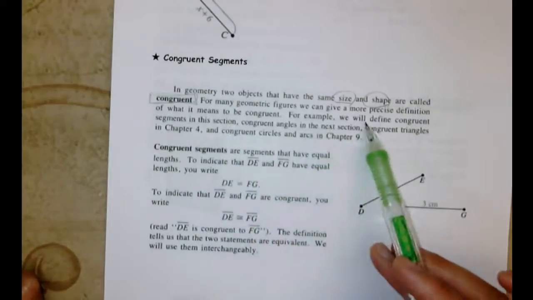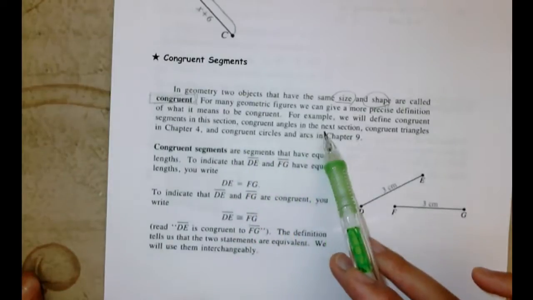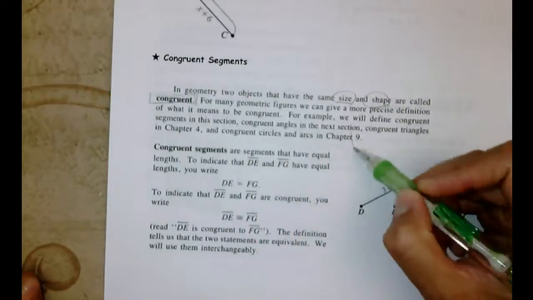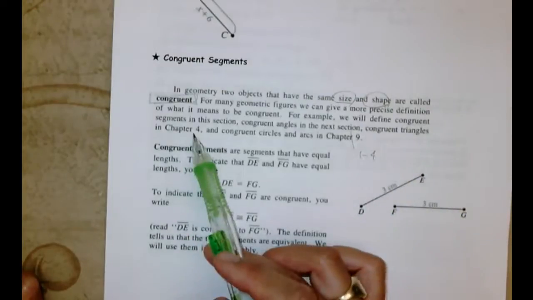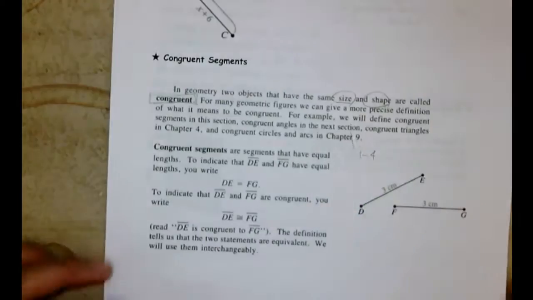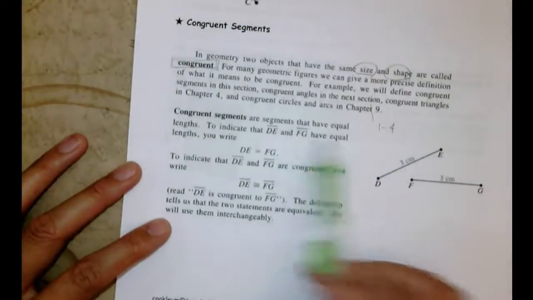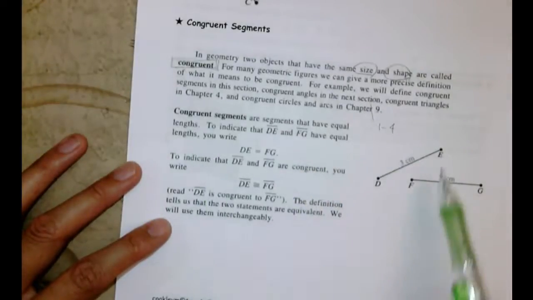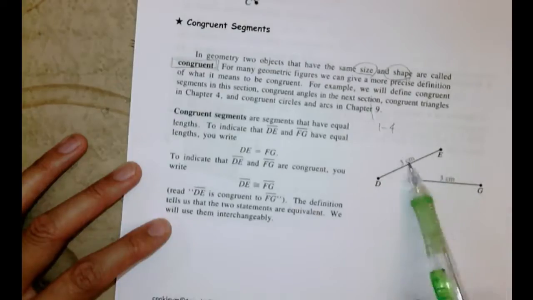For example, we will define congruent segments in this section, congruent angles in the next section, that's 1-4, congruent triangles in chapter 4, and congruent circles and arcs in chapter 9. All right, congruent segments are segments that have equal length. For segments, if they are the same length, they are congruent.